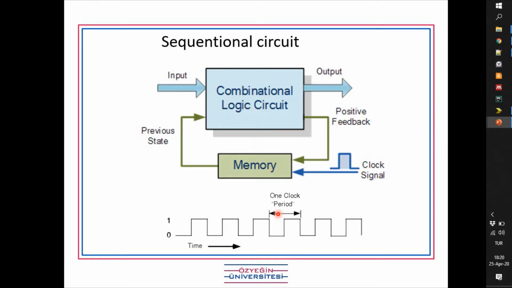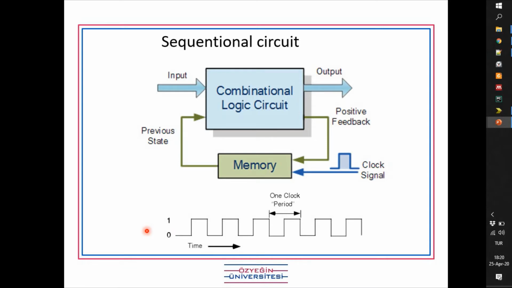But using a clock we synchronize the memory element and the combinational circuit. So this guy will do its job whenever the clock is rising. So it has to prepare any value that we save before the clock goes up. I will explain a little bit more with the next slide about this.